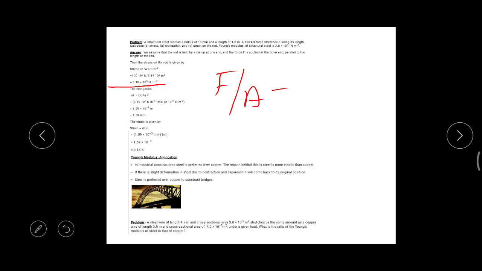So the stress is given here. Then we have to find delta L, the elongation, how much elongation has happened. For that purpose, the Young's modulus value is given for the steel as 2.0 into 10 raised to 11 Newton meter raised to minus 2.